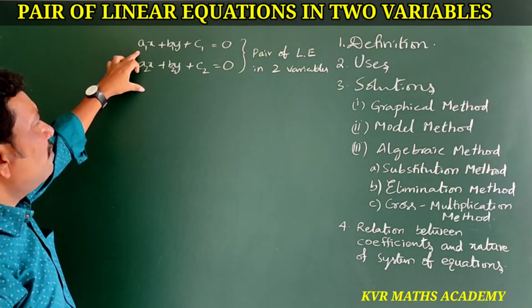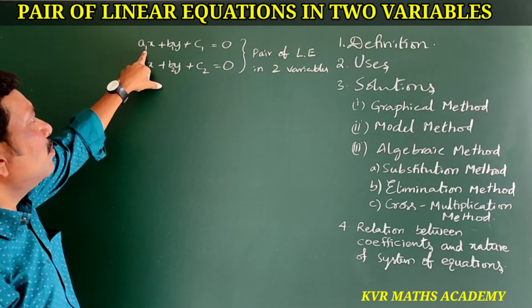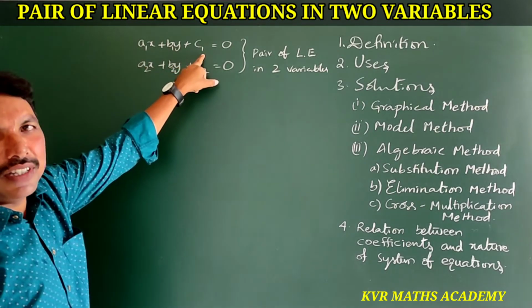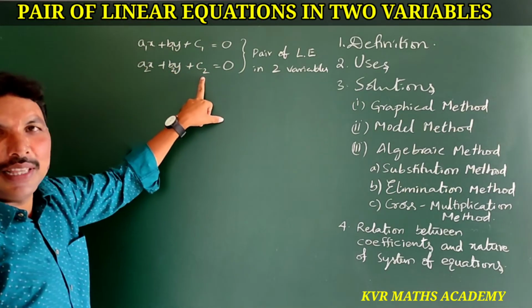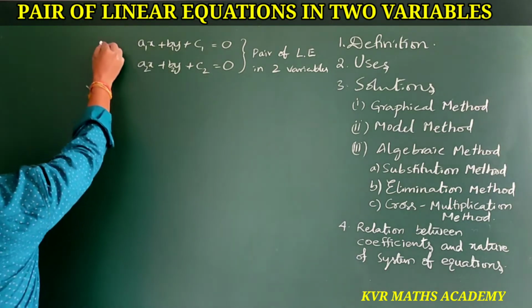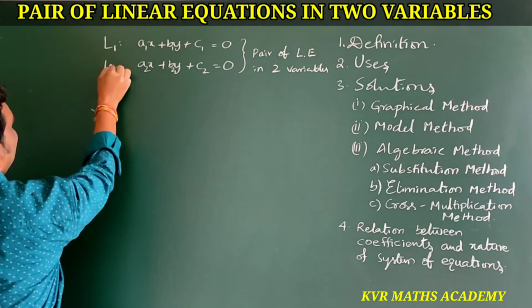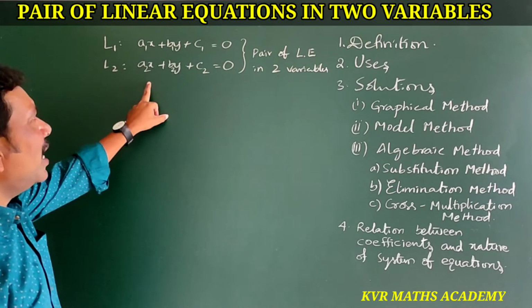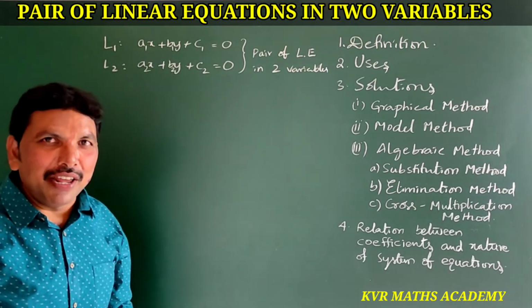We have differentiated them by putting 1 1 1 in the first equation and 2 2 2 in the second equation. So this is line L1 and this is line L2.